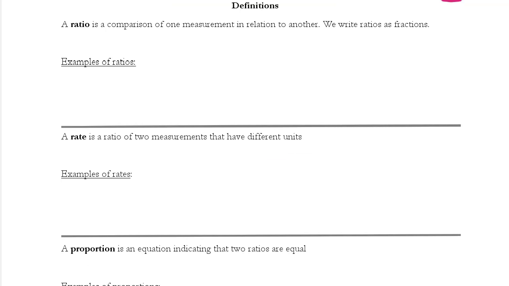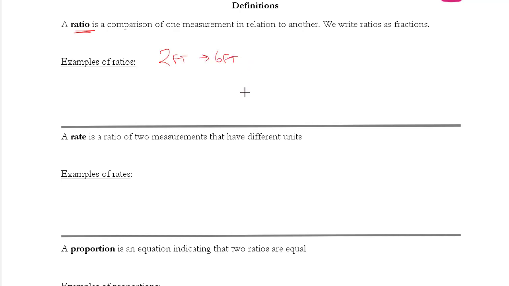So let's quickly go over some definitions. A ratio is a comparison of one measurement in relation to another, and we can write ratios as fractions. For example, if you remember our think, pair, share, tree A went from 2 feet to 6 feet.